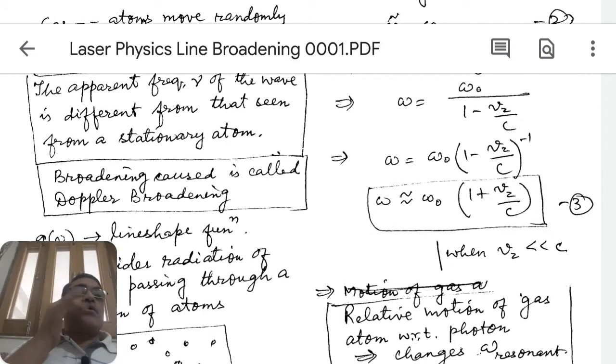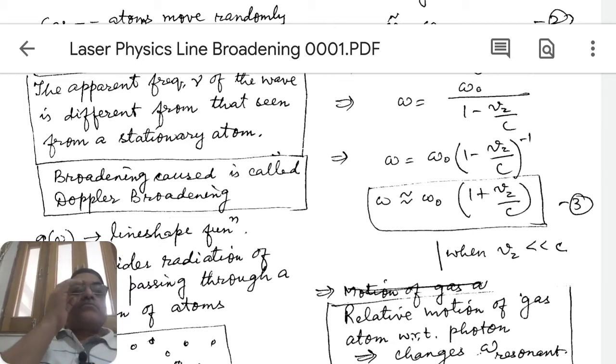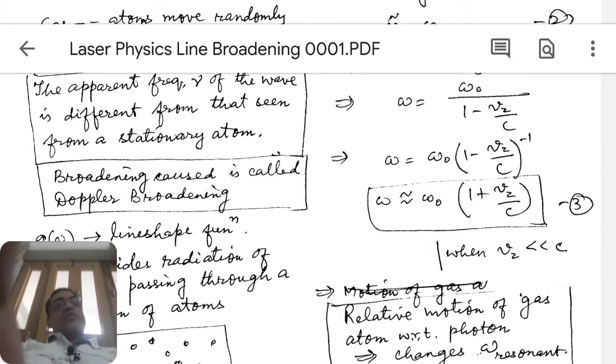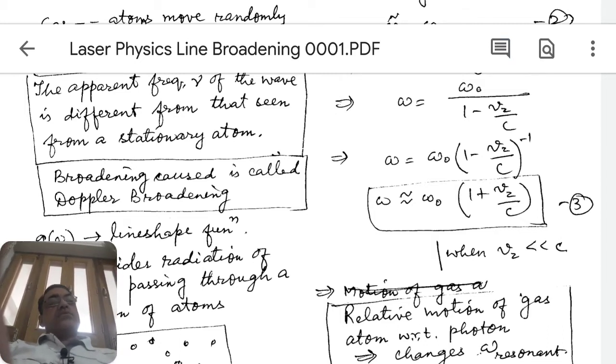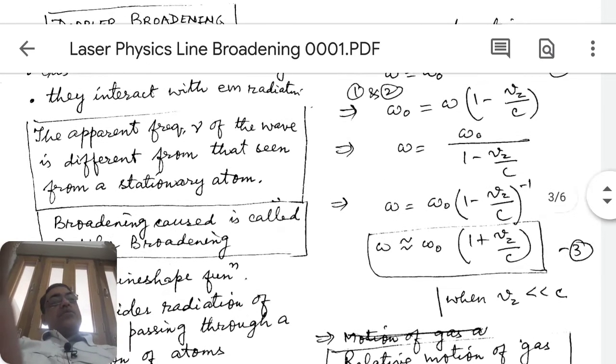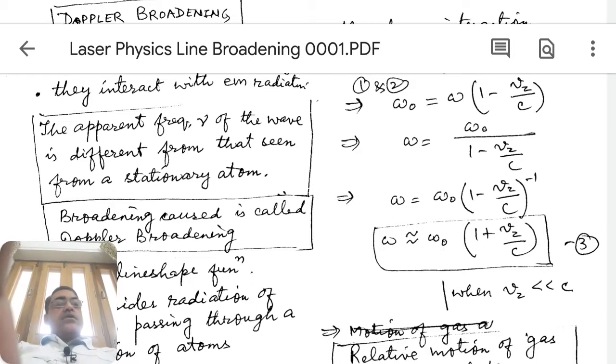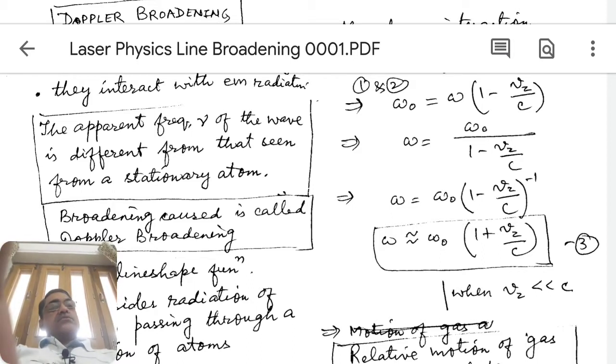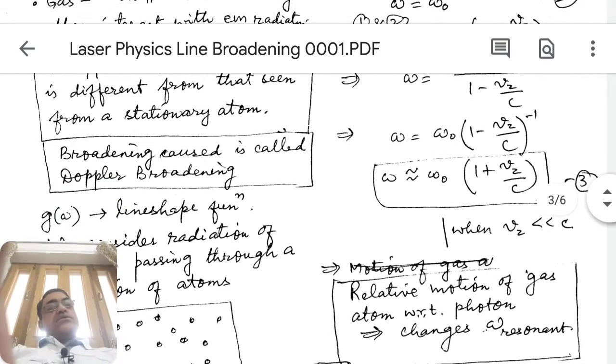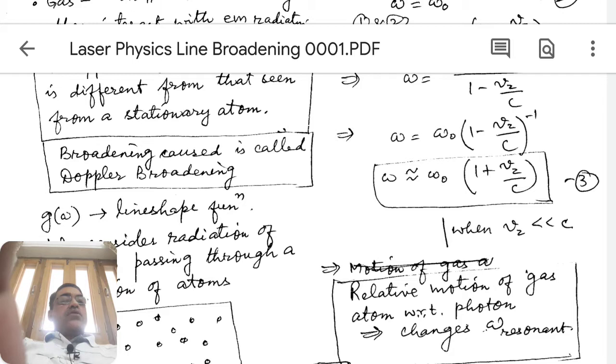So for the frequency of the incident radiation, I obtain omega equals omega naught by (1 minus Vz by c), and because Vz is much smaller in comparison to c, the velocity of light, we obtain omega equals omega naught (1 minus Vz by c) inverse, and applying Taylor's series, I obtain omega nearly equal to omega naught (1 plus Vz by c).